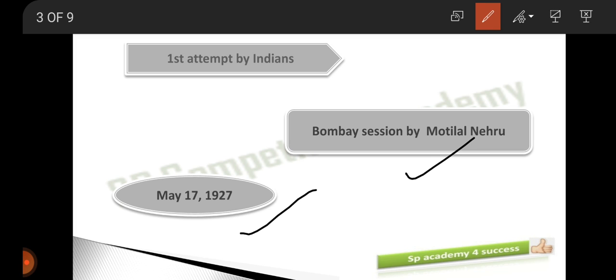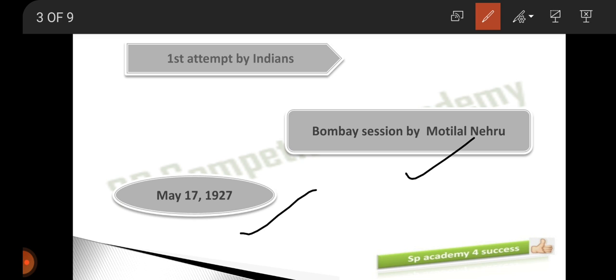Don't get confused, guys. The desire is different from an official attempt. Gandhiji desired that India should have its own constitution, but officially in a meeting, Motilal Nehru ji in 1927 attempted to get the constitution.